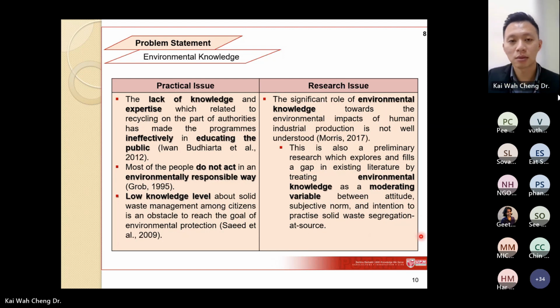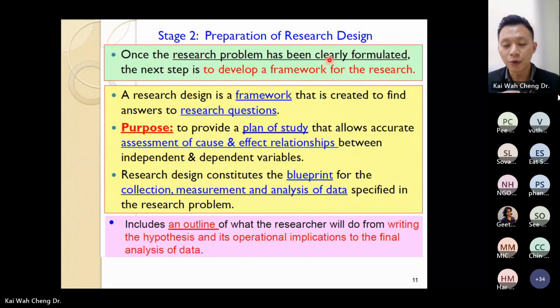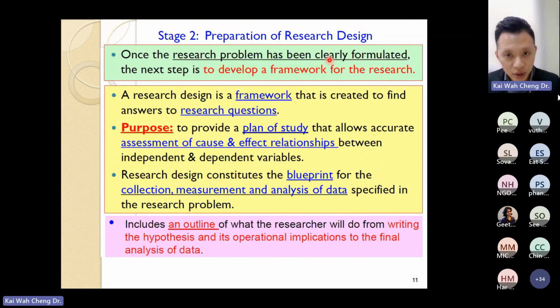Next, preparation of research design. Once we have a clear research objective, research problems, and research question, we will plan the research framework. I will show you an example of a research framework in the next slide.